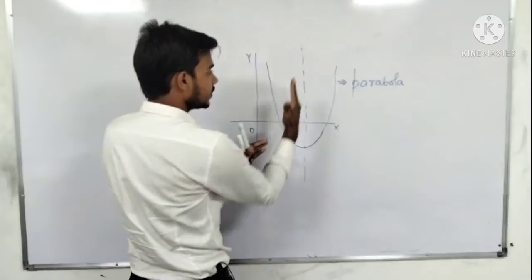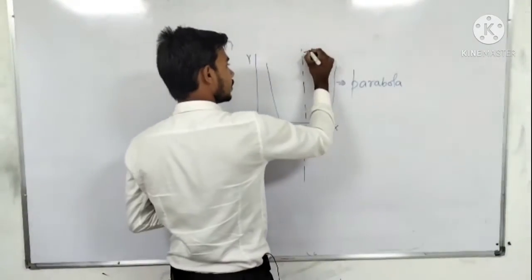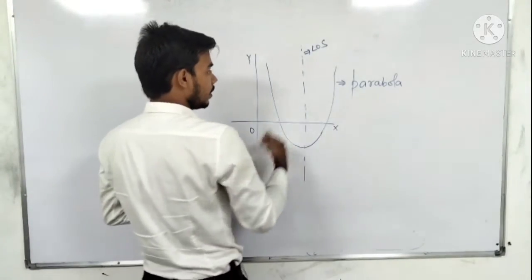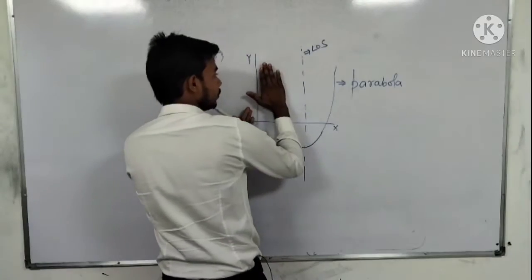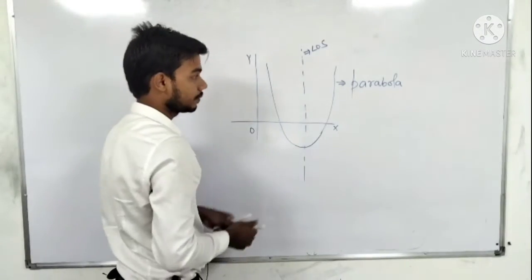Now consider this line, we have called this line the line of symmetry, LOS. Consider this line as a mirror, and if you flip it, it will superpose the other part.